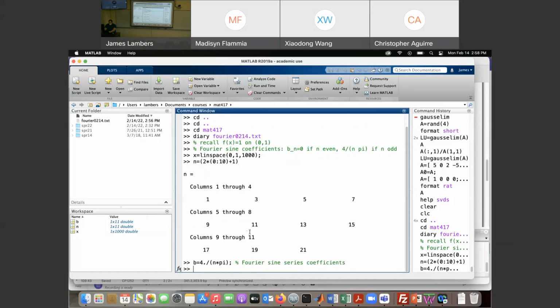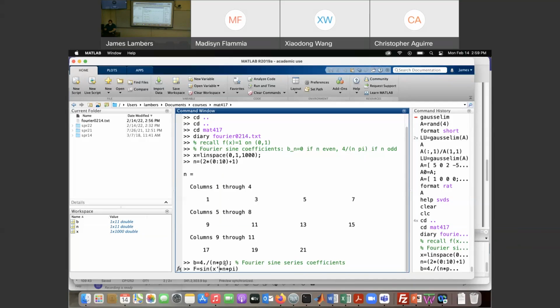So my approximation to f of x equals 1, I need to evaluate sine n pi x for all these values of n and for all of these x's. Now it happens to be an efficient way to do that in MATLAB where, okay, I need to make x a column vector.